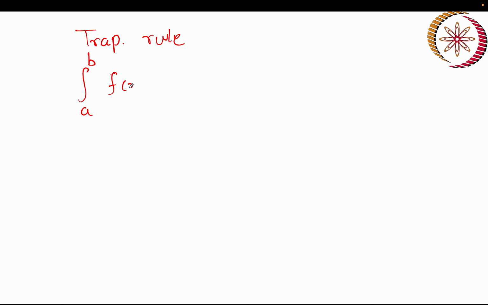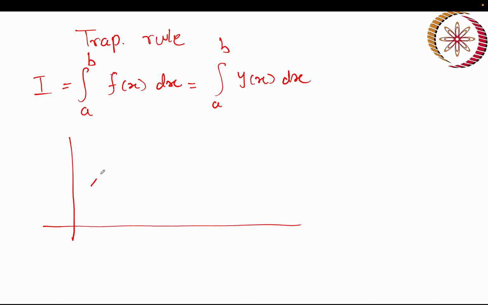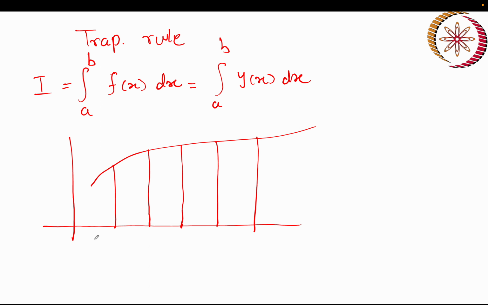Let's say the integral of f of x dx, and it can be y as a function of x dx. This integration can be computed with the trapezoidal rule. In the trapezoidal rule, we divide this interval equally, where this is x equal to a and x equal to b, and the numbering, let's say this is x0 and this is xn.